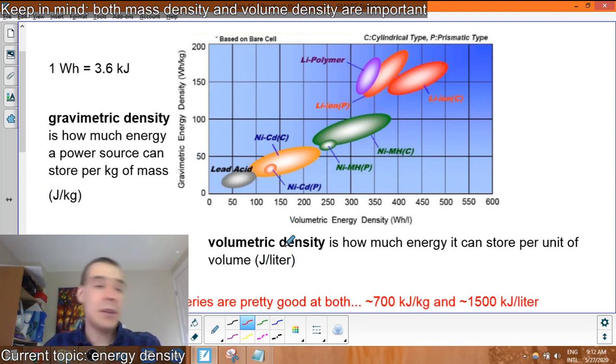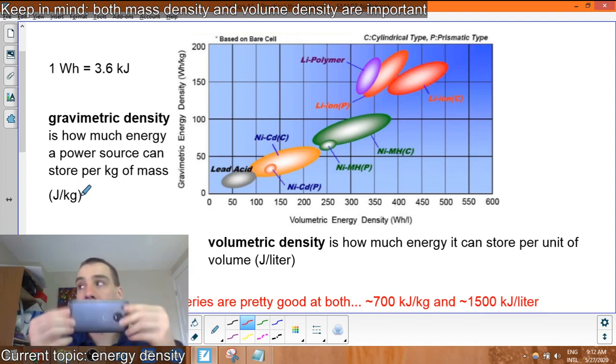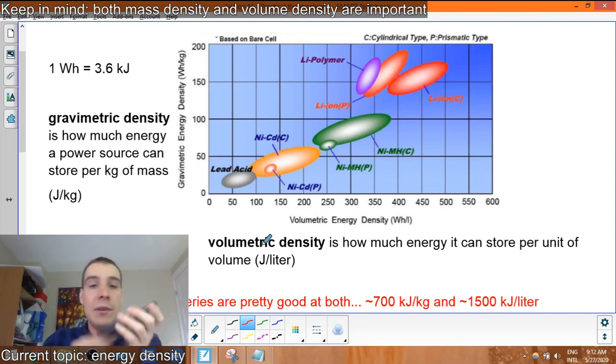Both are important. And to explain why both are important, let's think about the cell phone for a second. Gravimetric density, which is this one here, joules per kilogram, is important because I don't want my cell phone to be too heavy. If I had something with a low gravimetric density, my phone would be very heavy for storing the amount of energy it takes to use it all day. Volumetric density is also important to my phone.